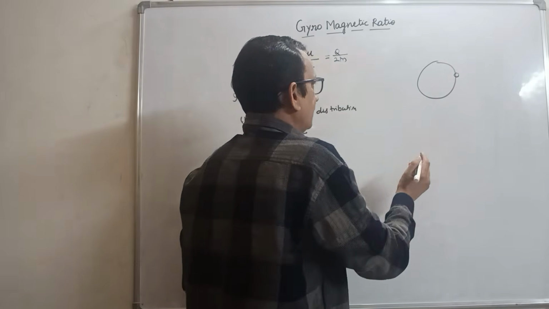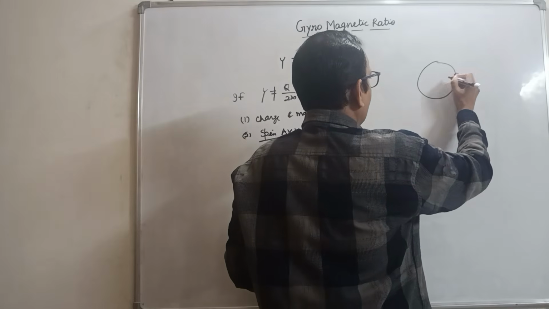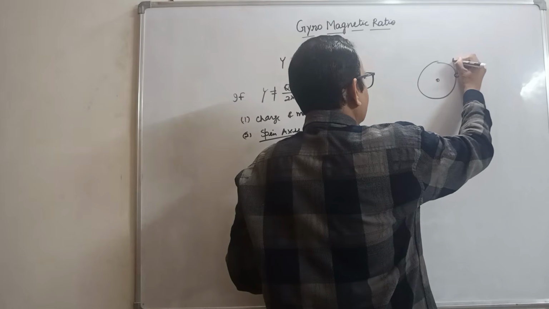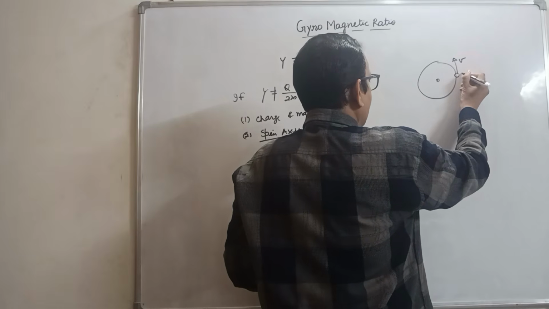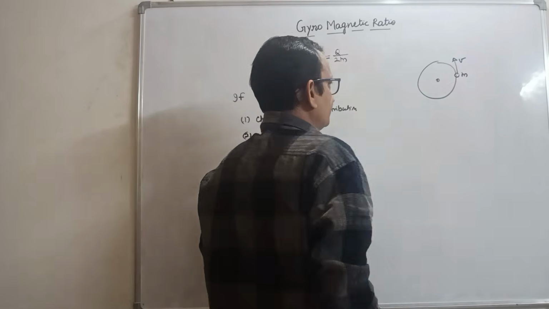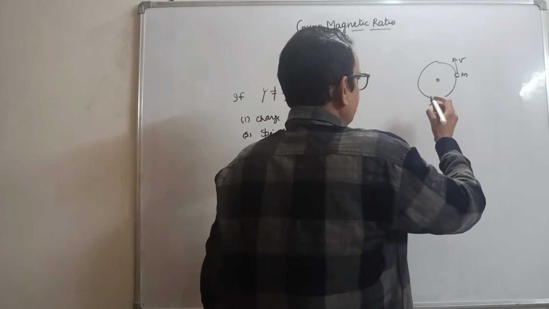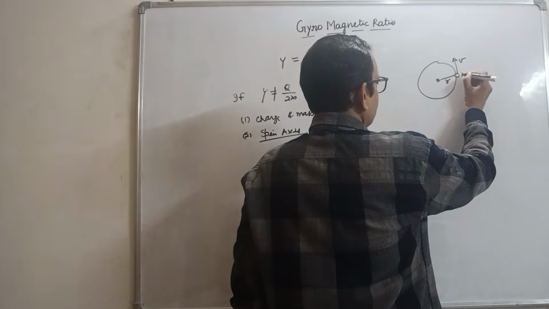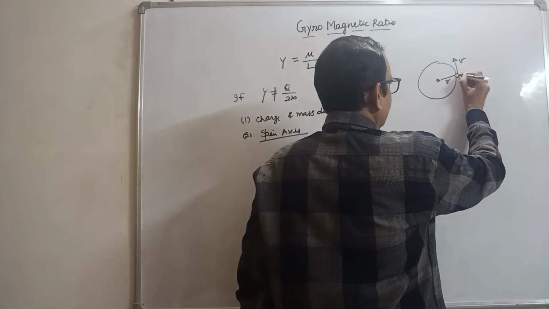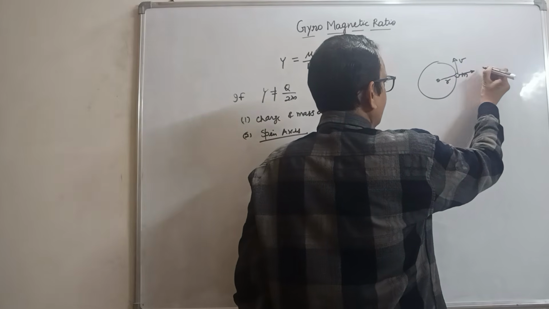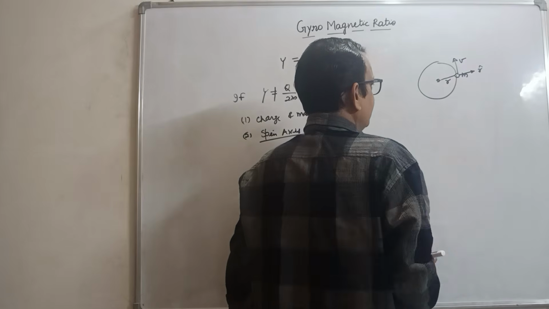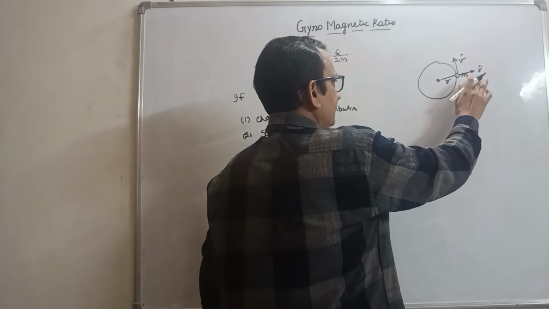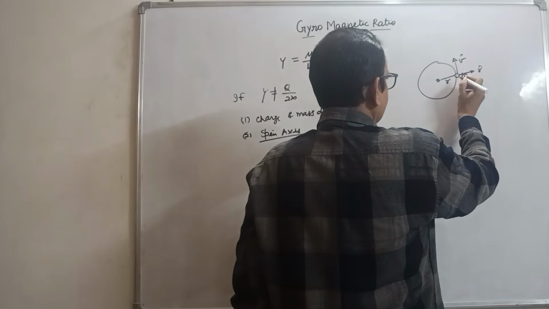This is the electron, moving around the nucleus with velocity v. Suppose the velocity is v, the mass of the electron is m, and the radius is r. The direction of the radius vector would be r cap in this direction and v cap in this direction, as unit vectors.